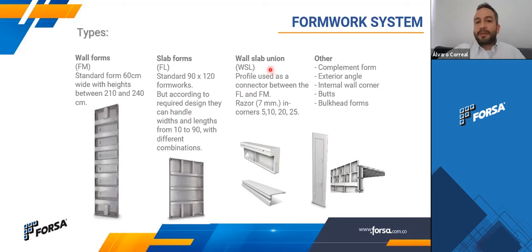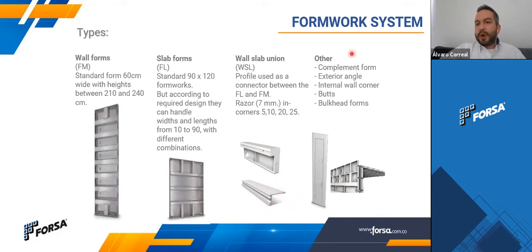For the wall slab unions, we have different kinds of profiles. We have in corners like this we see here, 5 cm, 10, 20, 25 cm, and we also have the razor, which is this ledger, and this one is only 7 millimeters wide.